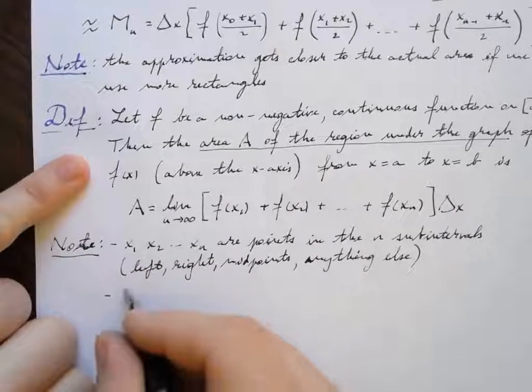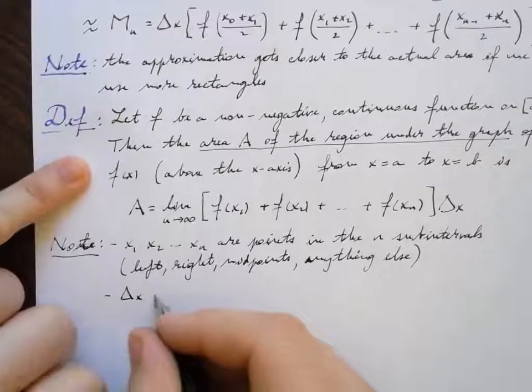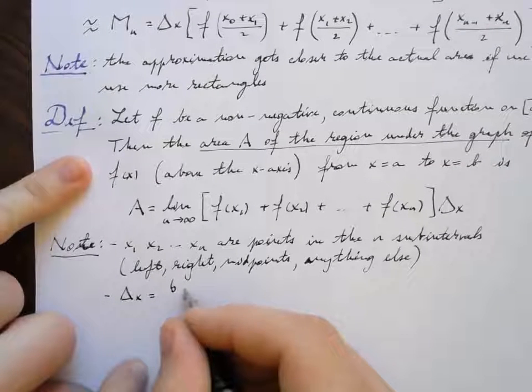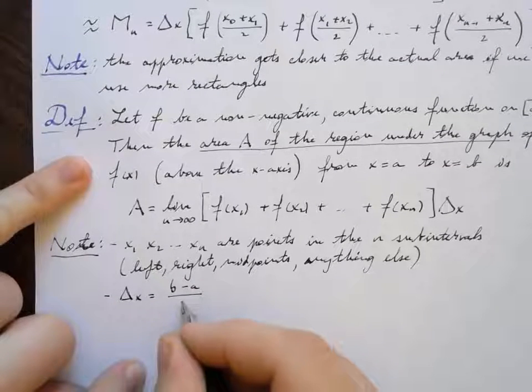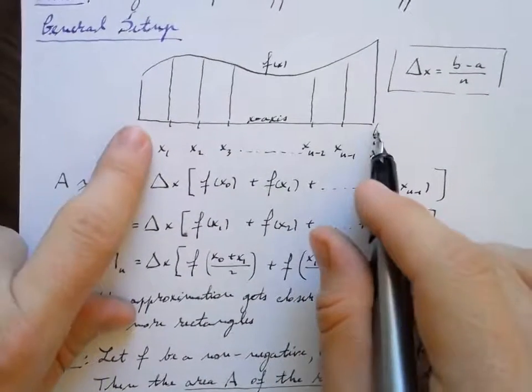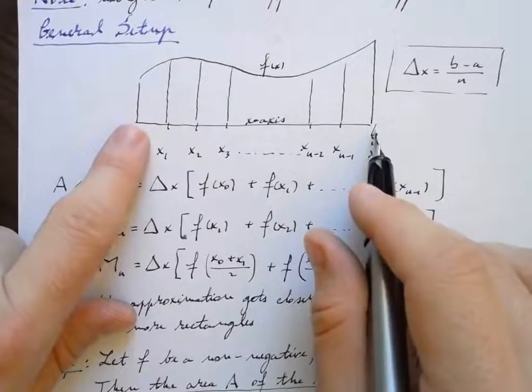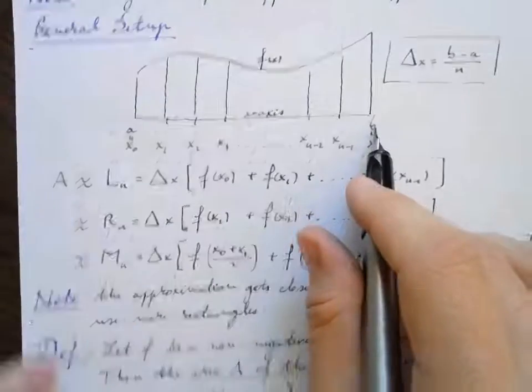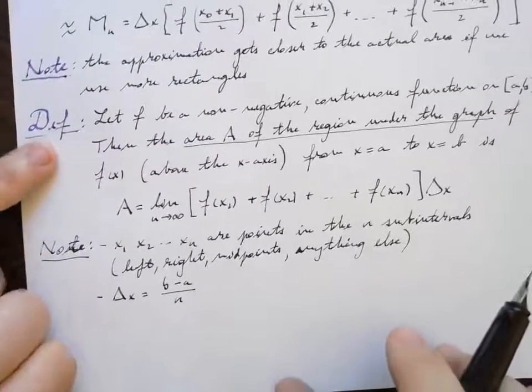Here, the delta x is always equal to (b minus a) over n, because we have an interval of length b minus a and I'm splitting it into n pieces. So that represents the width of each little rectangle.